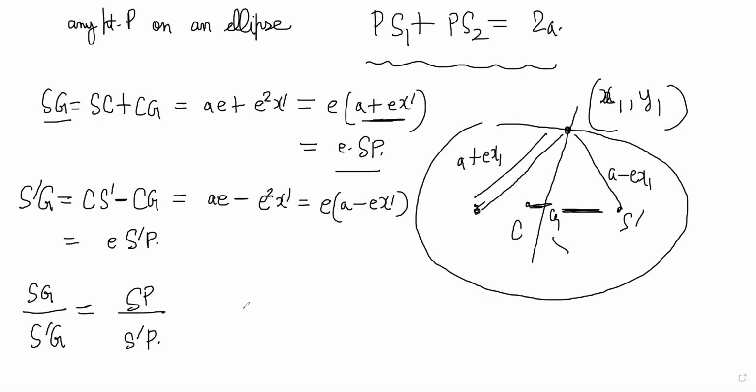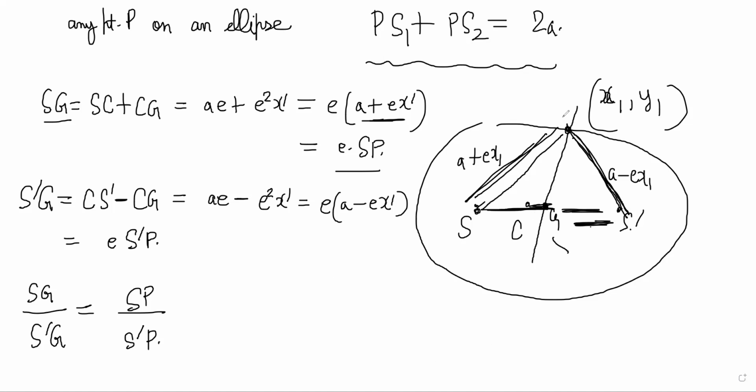Correct. So this is S, this is S dash. You're getting SG by S dash G is equal to SP by S dash P, right? That is a very important geometrical thing. Now think about it.